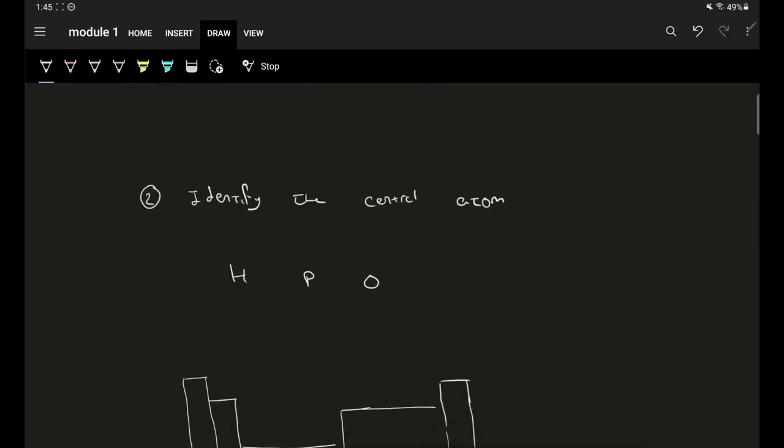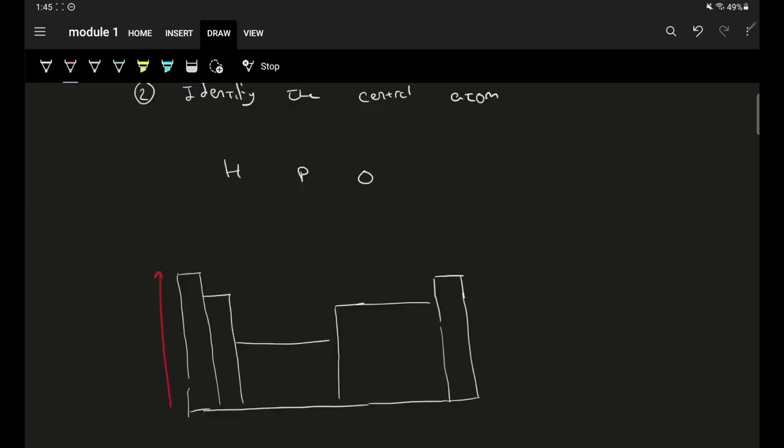Now, if you recall, electronegativity trends upwards and to the right, with our most electronegative atom being fluorine, I believe. I think that's what it's called. So our least electronegative atom, if you remember from our drawing above, would be hydrogen, right? So is that our central atom? Well, not quite.